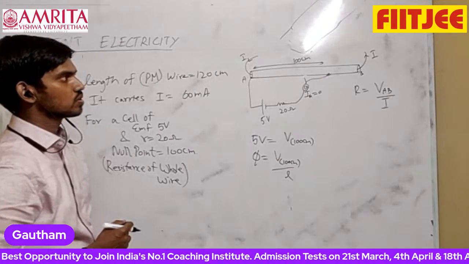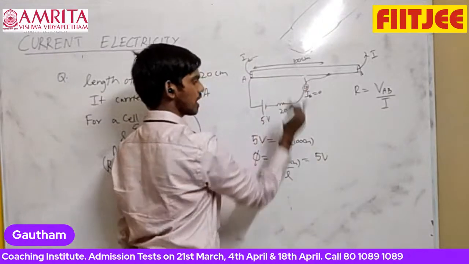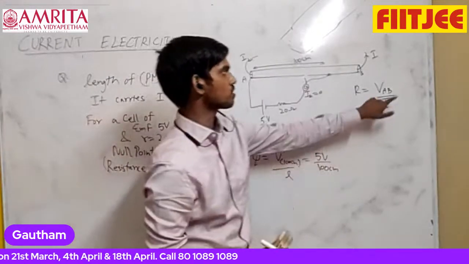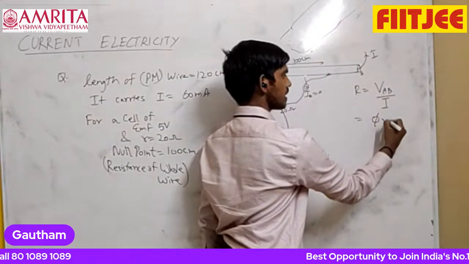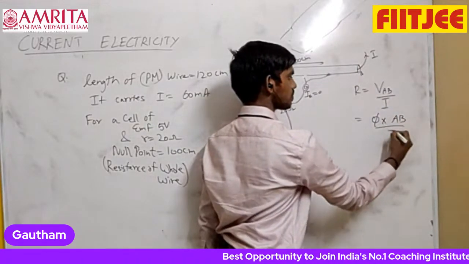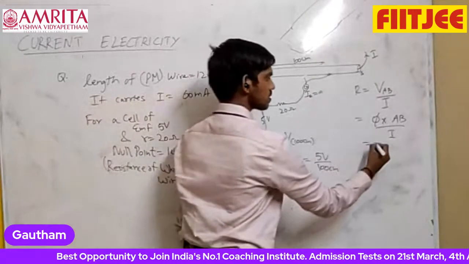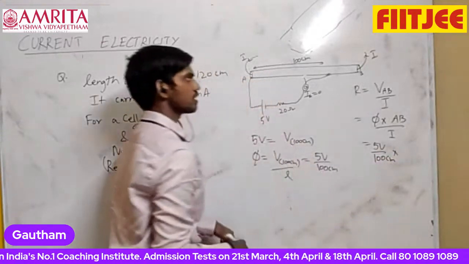A total of 5 volt is dropping across 100 centimeters. So the potential drop for wire AB is the potential gradient into length AB, where the potential gradient is 5 volt by 100 centimeters.